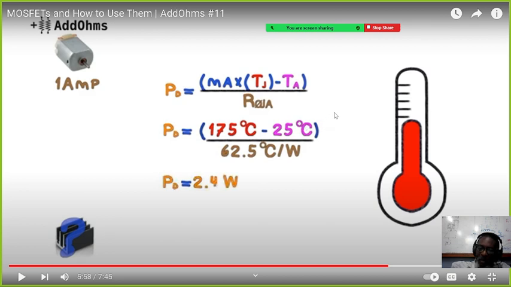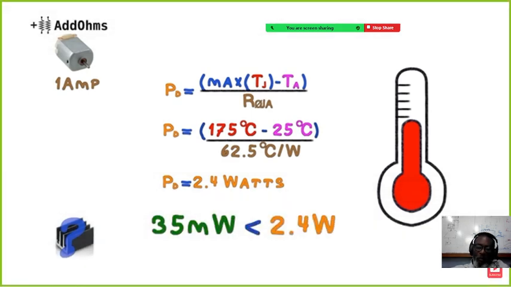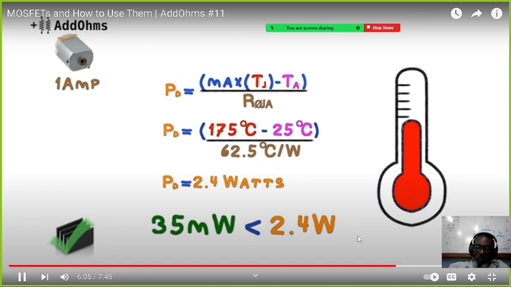This gives a maximum dissipation of 2.4 watts. In our example, we are only dissipating 35 milliwatts, so we're safe to operate without a heat sink.